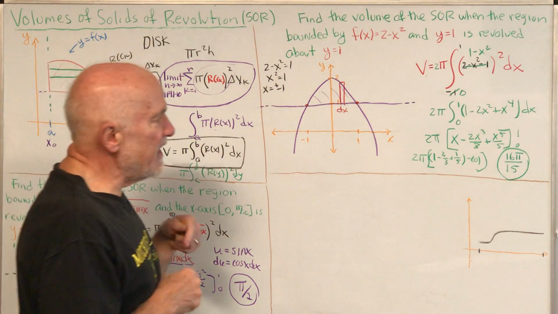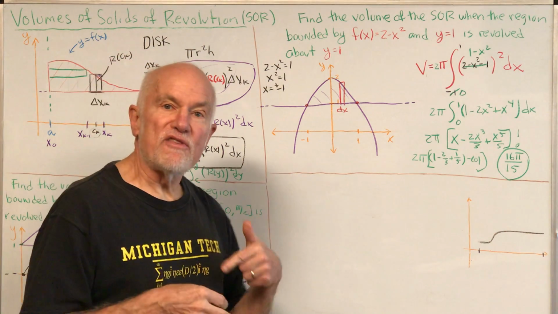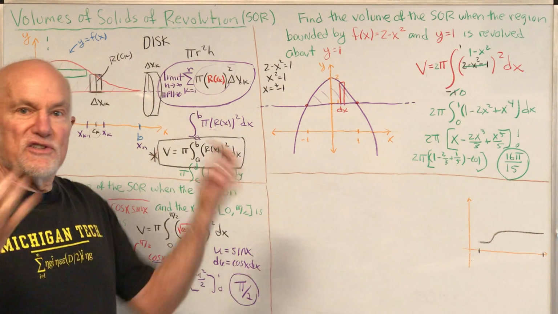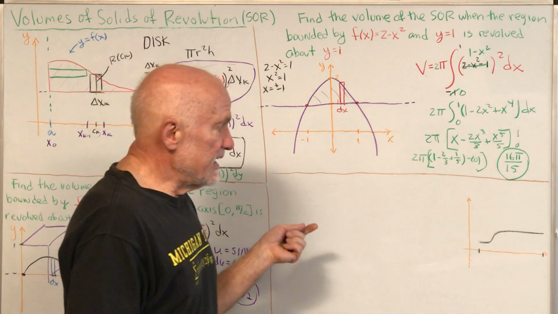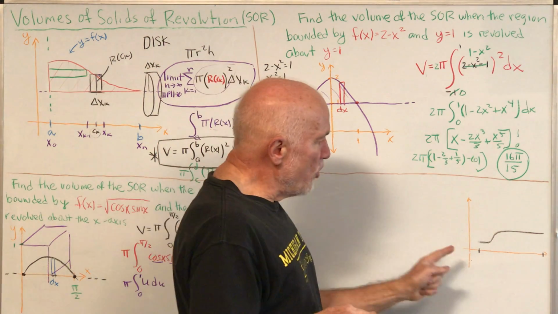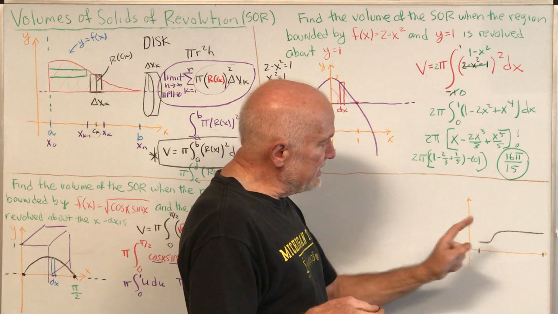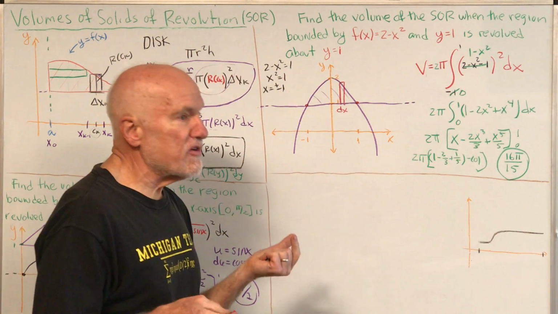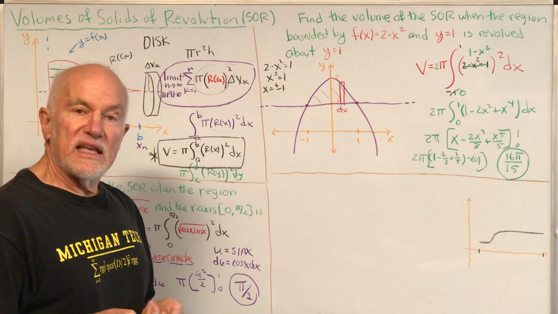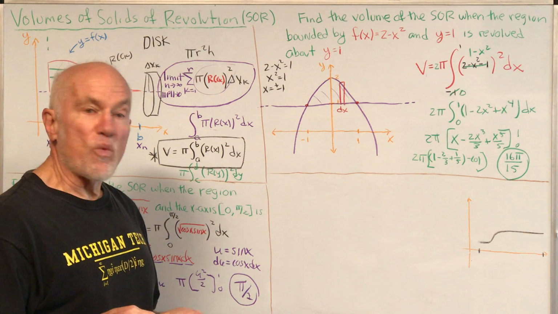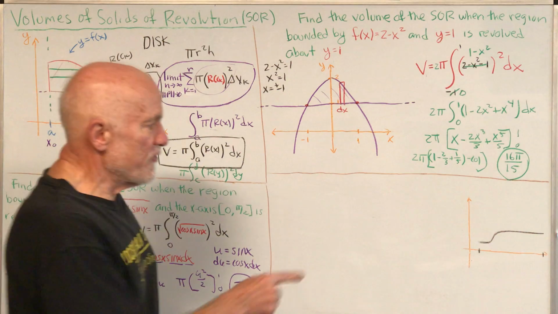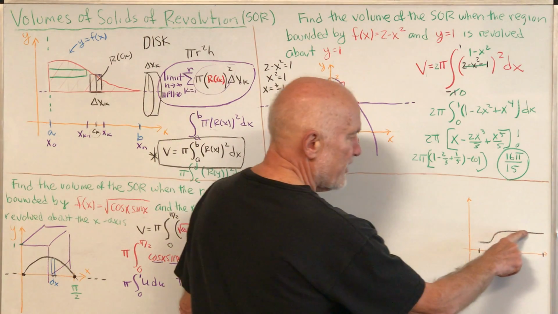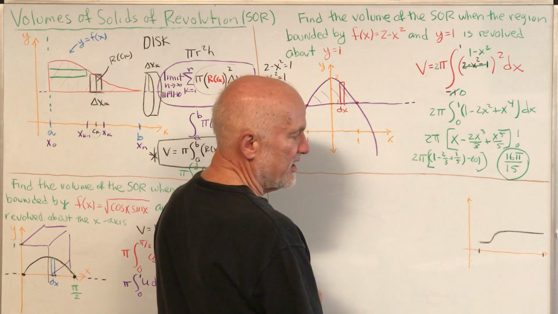Now, one thing I'd like you to know is we're not doing these volumes of revolution just because they're fun, even though they are. In the real world, these solids of revolution are made in manufacturing quite often. One reason is they look really nice and they're very practical. For instance, what if we had a function that looks like this?